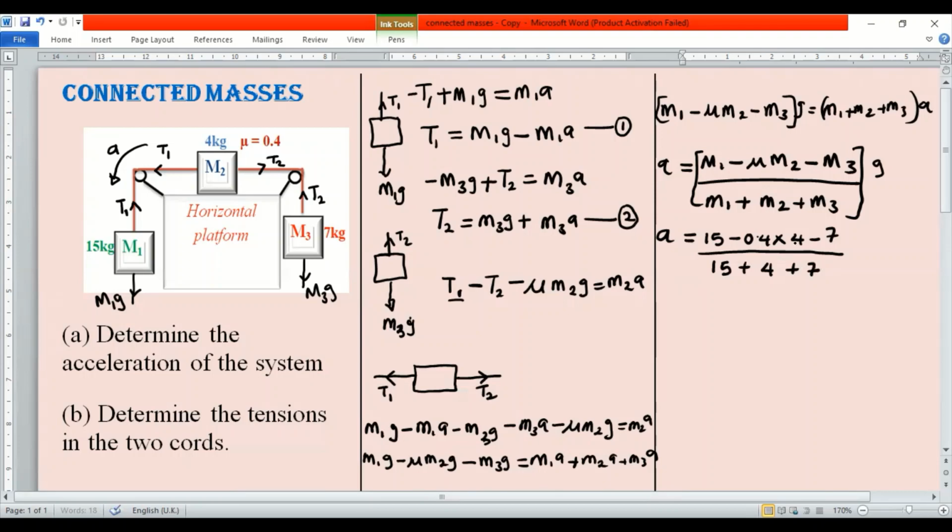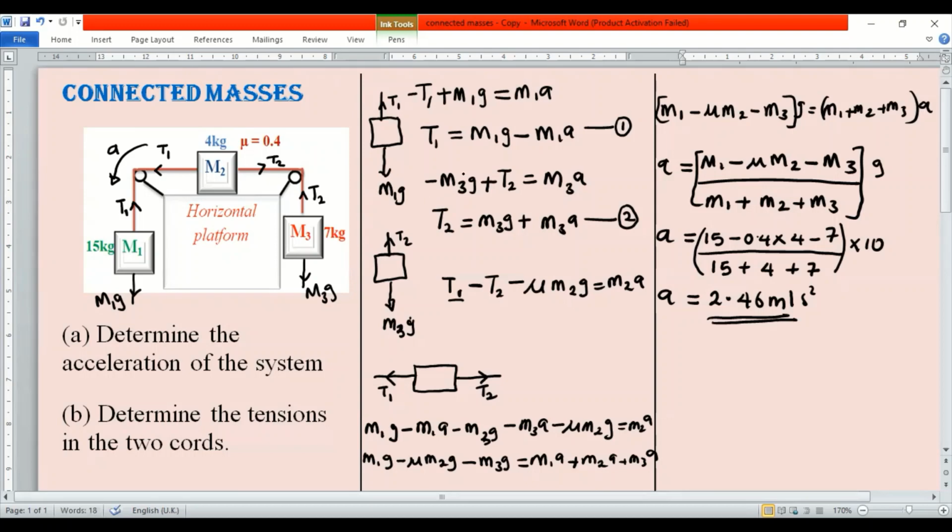So all this together, assuming G as 10 approximately, will give you an acceleration of 2.46 meters per second squared. So this is the value of the acceleration to the left.